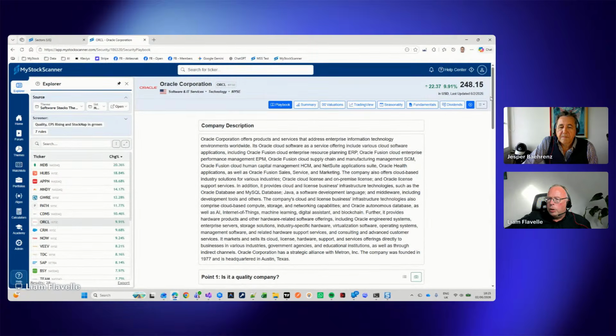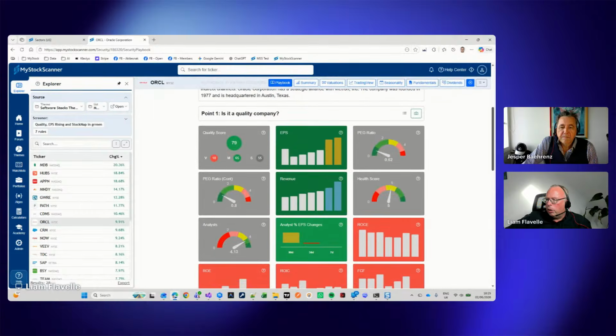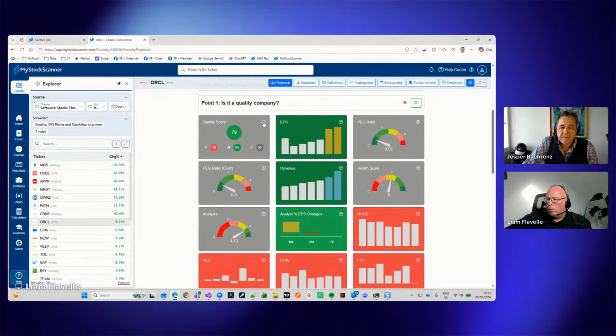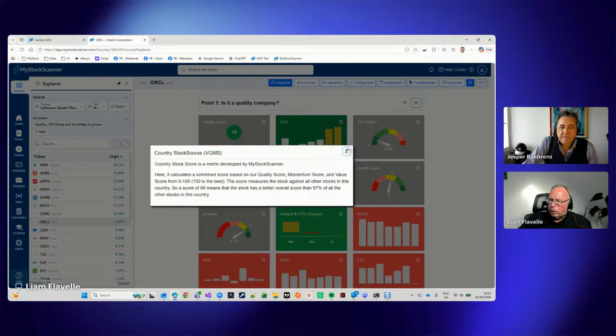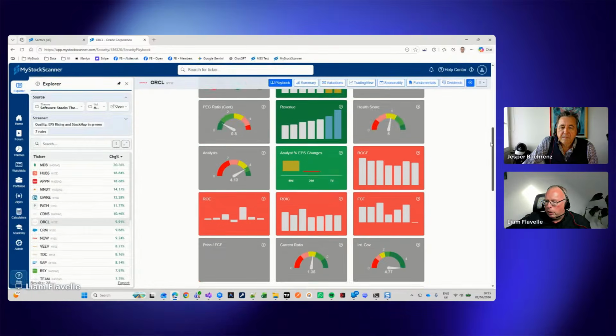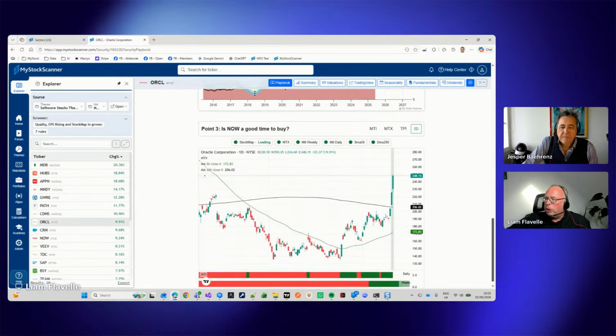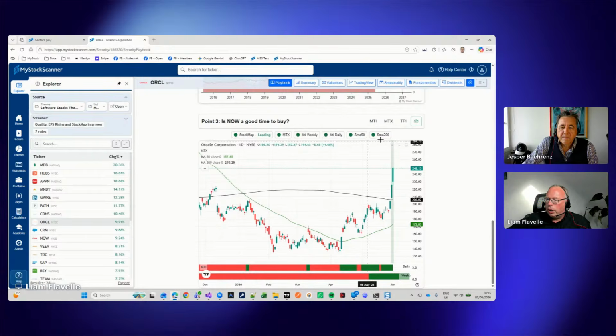What we can see, what we've dragged out here, is: is it a quality company? We've now got these cards, just a quick one that you can click on to see what it actually means behind the scenes. That's been asked a lot. If we come down, we've got a new section down here, which gives us a green or red interface to say, is it in the right quadrant of the stock map? Is the MTX okay? Is the MTI weekly and daily okay?